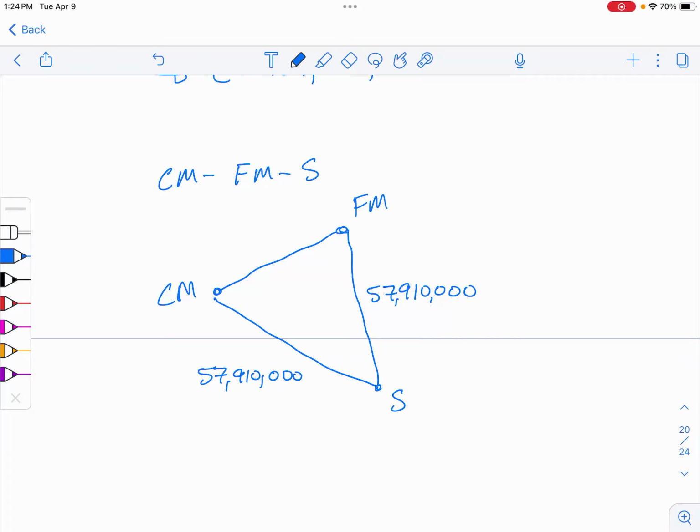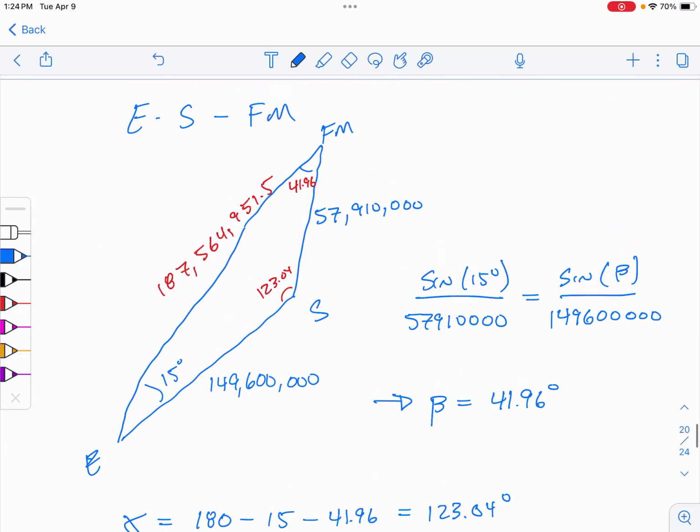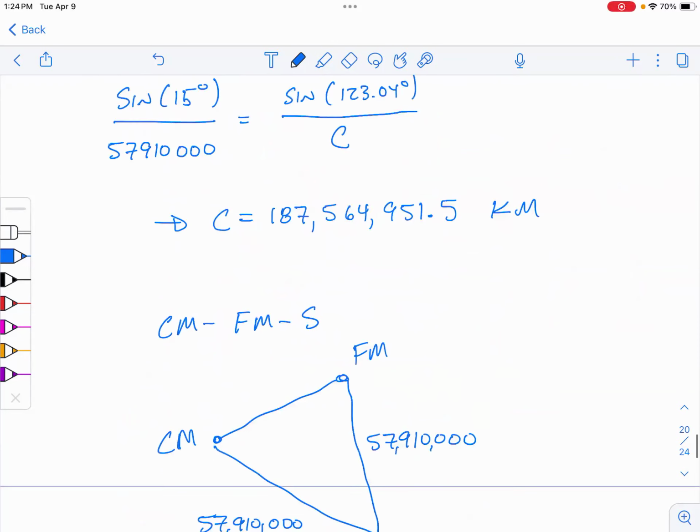I was like, I have two sides. Kind of need more info. Oh, very good, right? Going back to this one, I have the sun and far Mercury, and the Earth. Now, don't forget, that split right here to be close Mercury, which means that angle is still the same. So we had to find that our big triangle first in order to get the info for the small triangle.